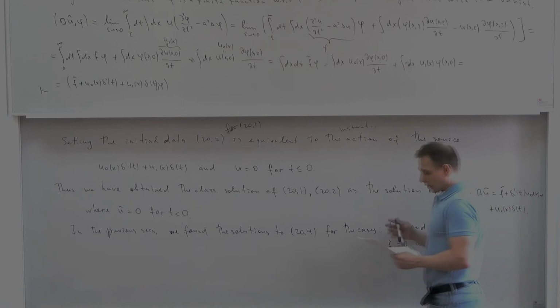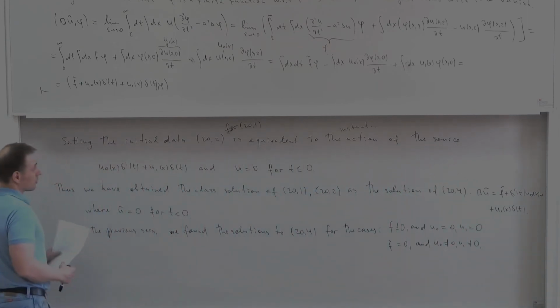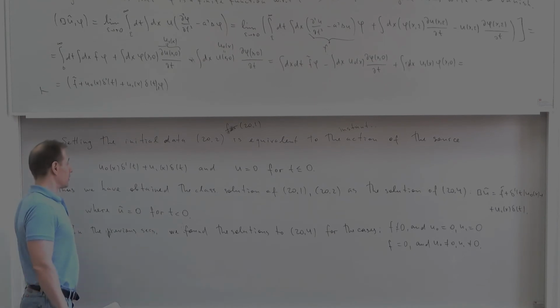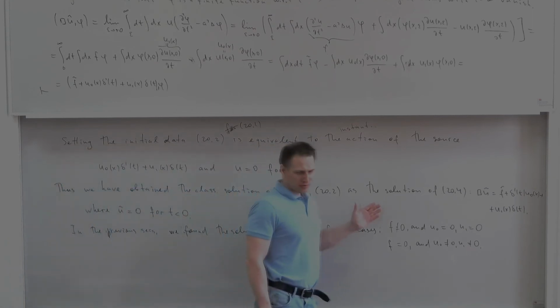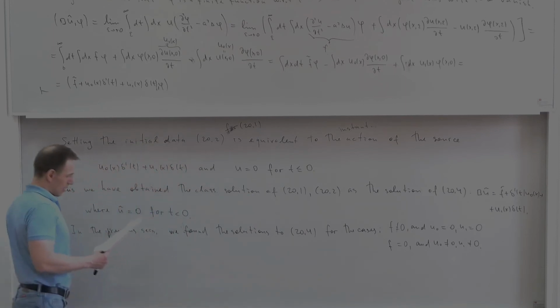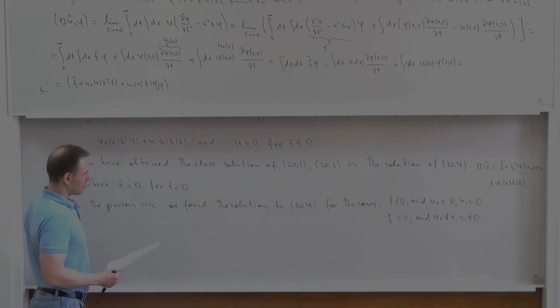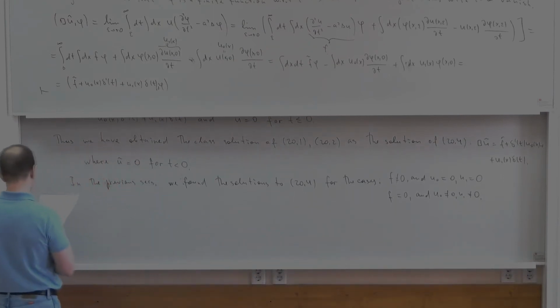And we have found the explicit expression of these potentials. So in order to obtain the general solution of the Cauchy problem, we just have to add the respective expressions for these retarded potentials. And the result of this summation is the following theorem.